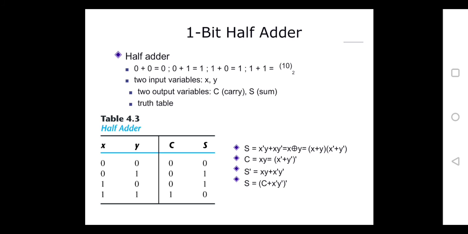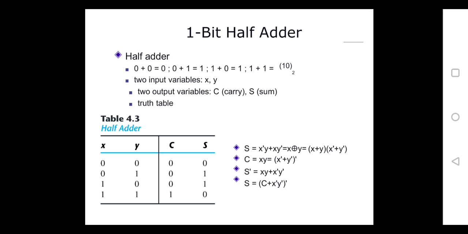So here 0 plus 0 gives sum 0, carry also 0. 0 plus 1, sum is 1, carry is 0. 1 plus 0, sum is 1, carry is 0. 1 plus 1 in terms of decimal is 2. The equivalent of 2 in binary is 1 0, so carry is 1, sum is 0.